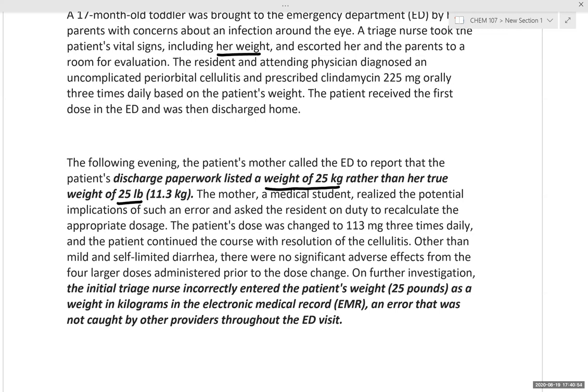Thankfully, the patient was unharmed in this process, but even a subtle difference in the unit noted for a patient's weight can make a huge difference in dosing and patient outcomes. So this is a nursing relevant example for why units matter and why accurately recording units is incredibly important. I always like to share stories like this when I see them in the literature.